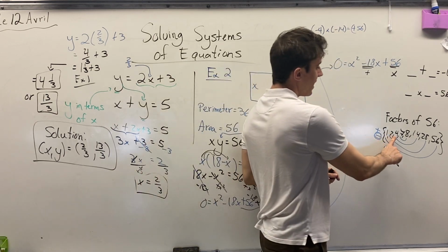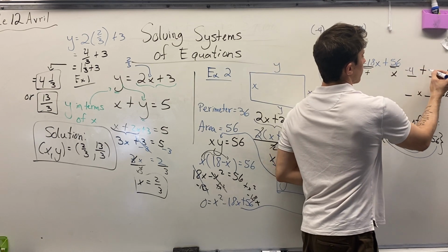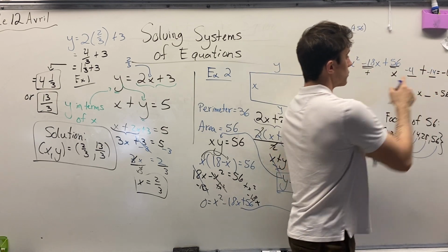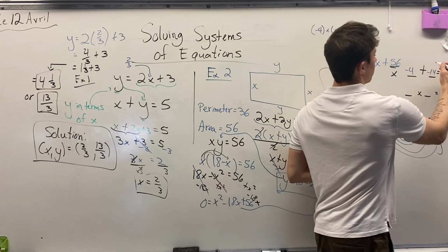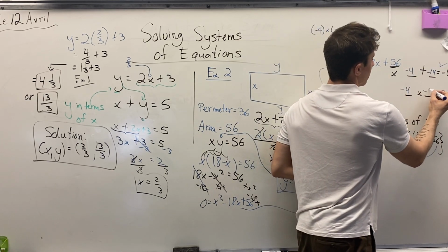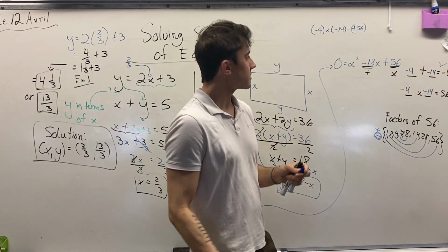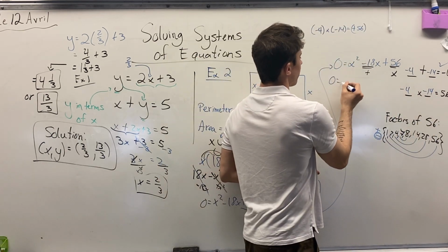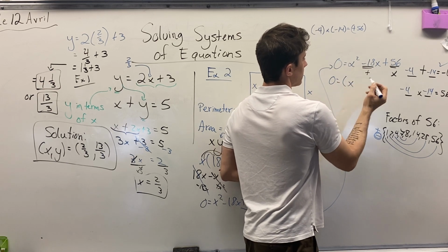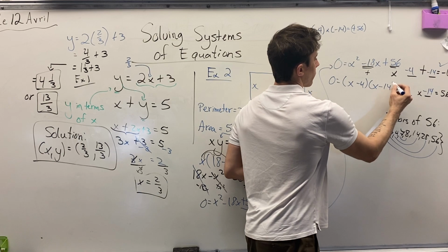And so if we use negative 4 and negative 14, negative 4 plus negative 14 does have a sum of negative 18. And at the same time, negative 4 times negative 14 also produces a product of positive 56. And so we can go ahead and factor this quadratic as (x minus 4)(x minus 14), okay?